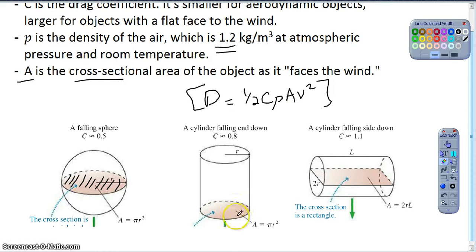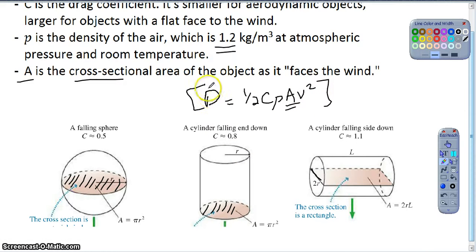So notice with the cylinder, if I drop the cylinder upright here, the cross-sectional area would be just a circle. Whereas if I drop the cylinder kind of long ways here, the cross-section actually ends up being a rectangle because I have this rectangular plane that can be cut out of that cylinder. So anyway, A depends on the way that we've dropped the object and whatever the cross-sectional area is. And then finally, v squared here, v is just the velocity.